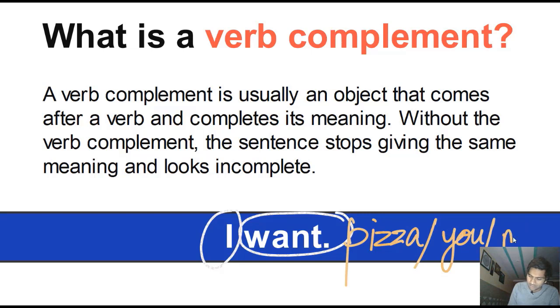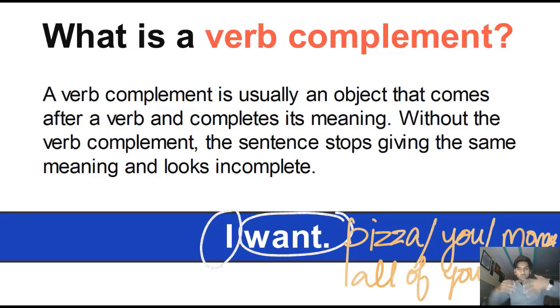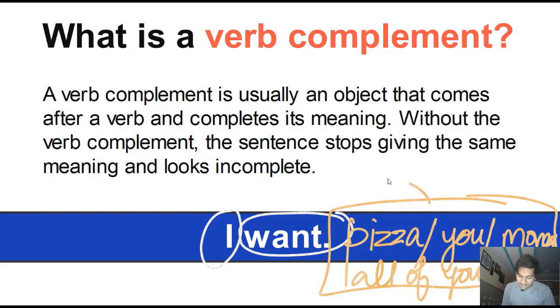I want money. I want all of you. I want what you have. So the object of the verb want must be there in order to complete the sentence. So the object here is a complement to the verb want. It's a verb complement. All right.